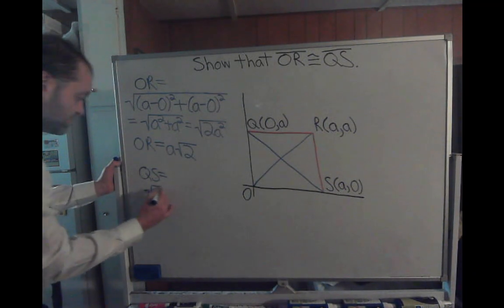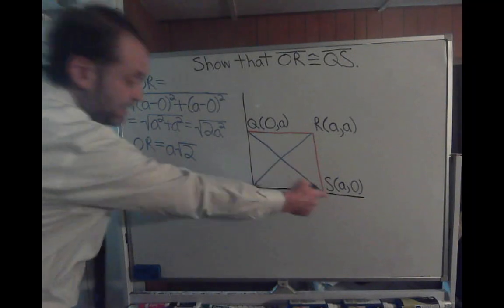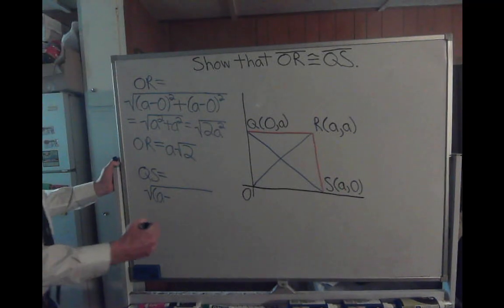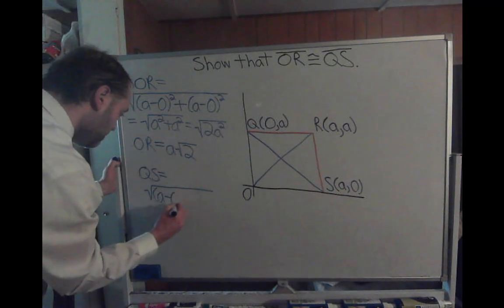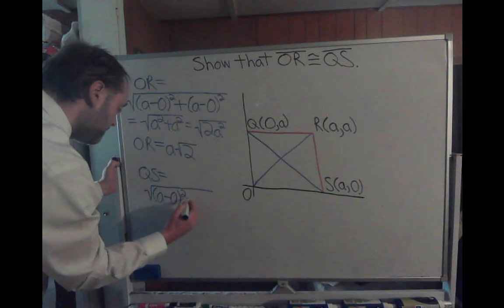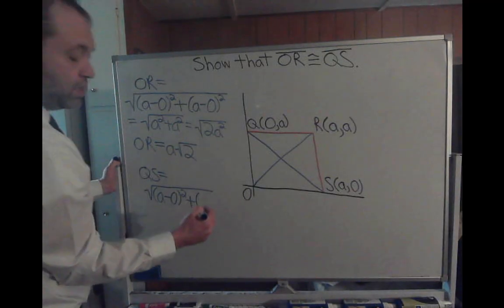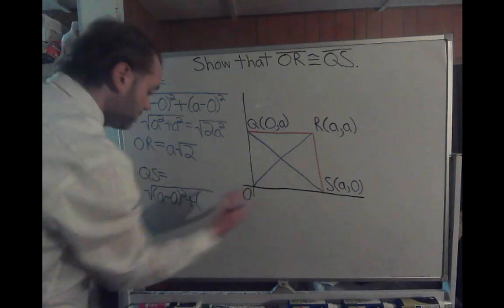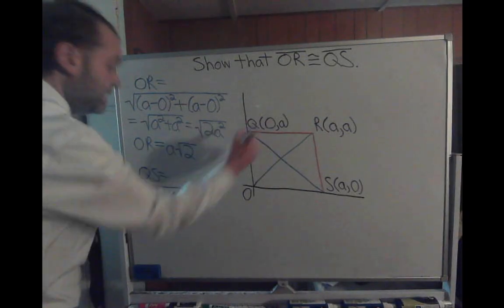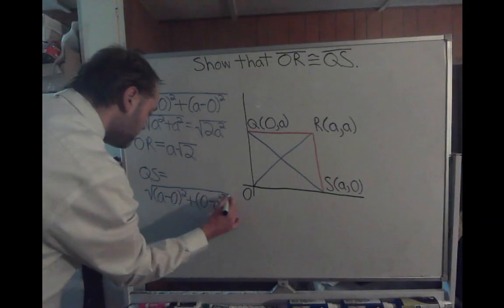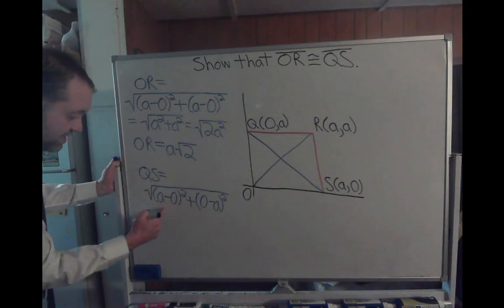Again, do your distance formula. From Q to S, your second x-coordinate is A, minus your first x-coordinate of 0. That would be to the second power. Plus, then you have your second y-coordinate of 0, minus your first y-coordinate of A to the second power, which would give you, of course, what's A minus 0?